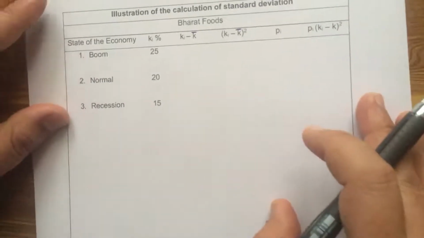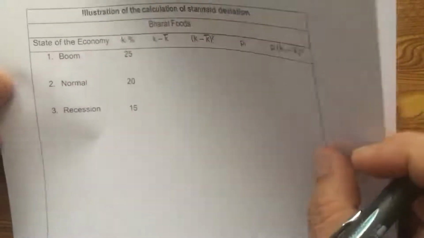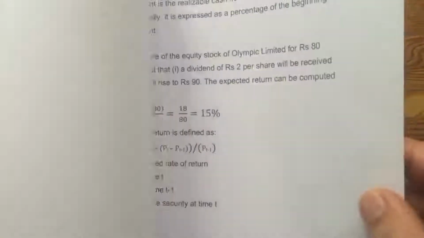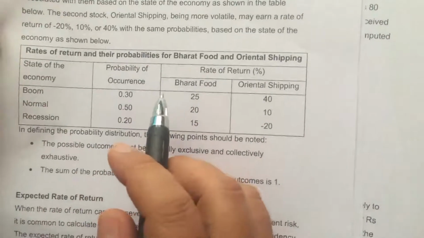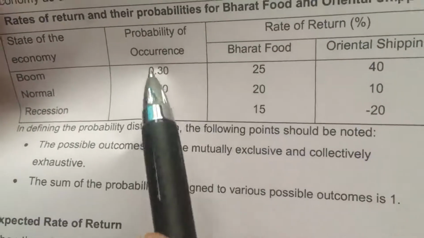Now let us first write the probability. What is the probability given in the problem? Here it is. The probability that there will be a 25% rate of return is 0.3.